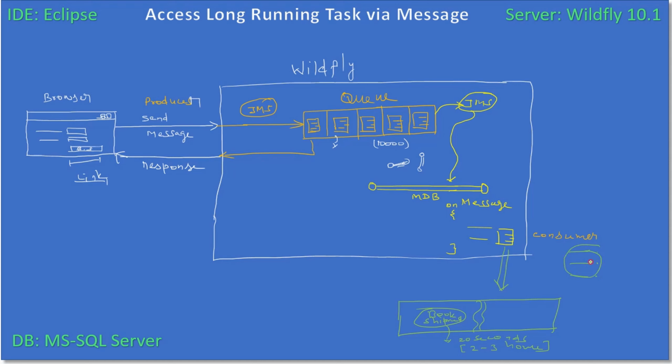So such information the consumer knows, and using this it will parse the information and make a call to book shipment. And here the on message may wait for 20 seconds.